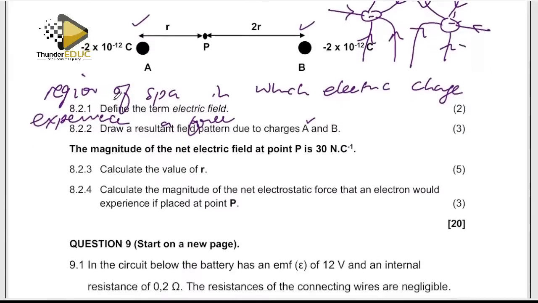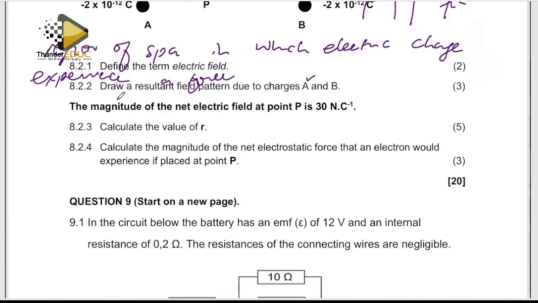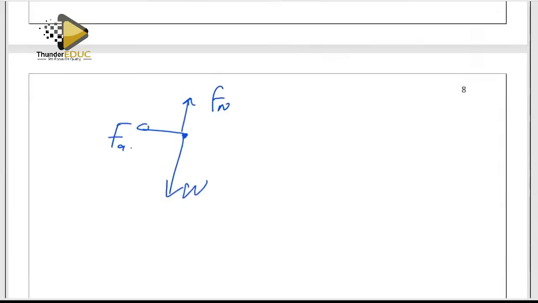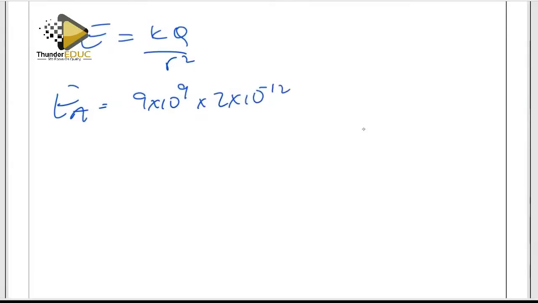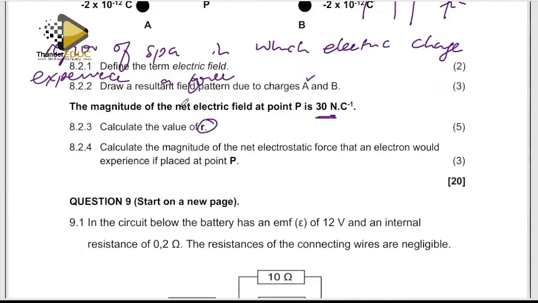Then they want us to calculate the magnitude of the net electric field at P, which is 30. Can we determine the size of R? So we know, I'll just jot it aside, that E is given as KQ over R squared. So if I focus on A, it's going to be 9 times 10 to the 9 multiplied by 2 times 10 to the negative 12.